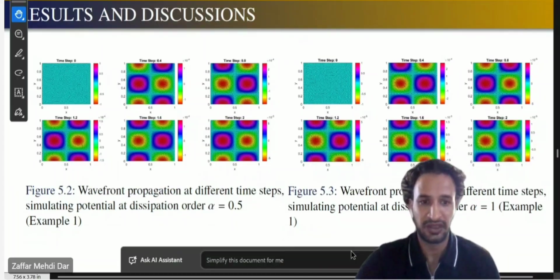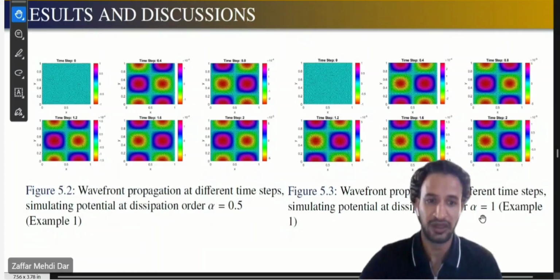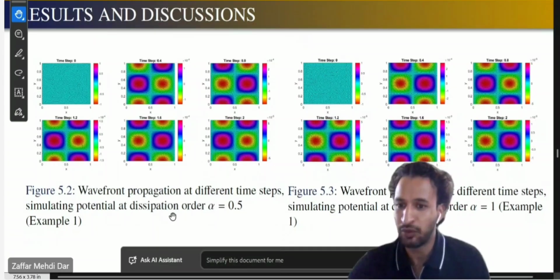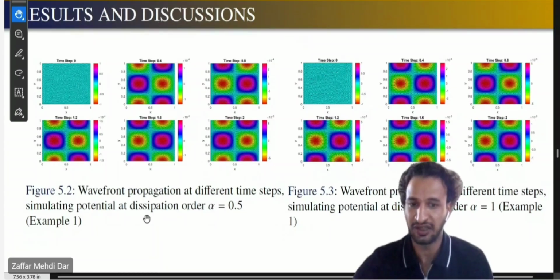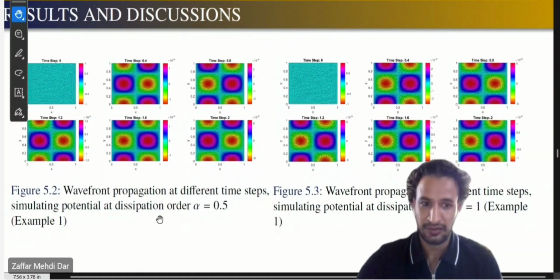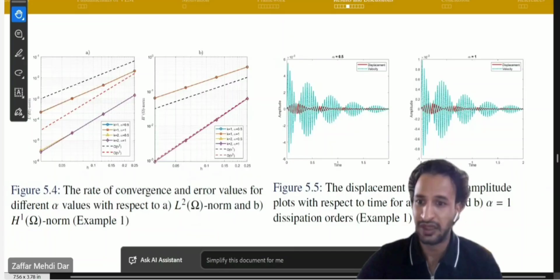Now figure 5.2 represents a wavefront propagation when the dissipation order is non-ideal. That means when alpha equals 0.5, we are going to have this set of propagation, and figure 5.3 is for the ideal case when the dissipative order is alpha equals 1. This is for the example over the regular Voronoi meshes, and the load term is the exponential decay term.